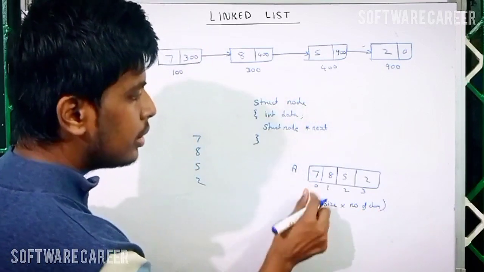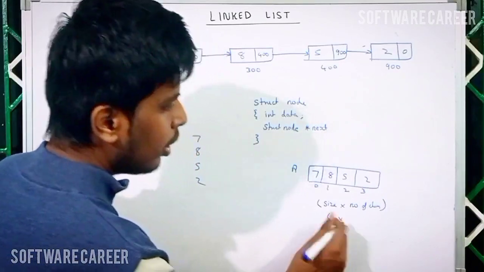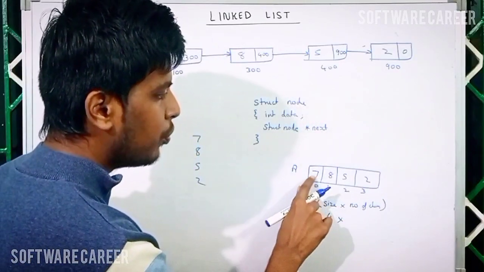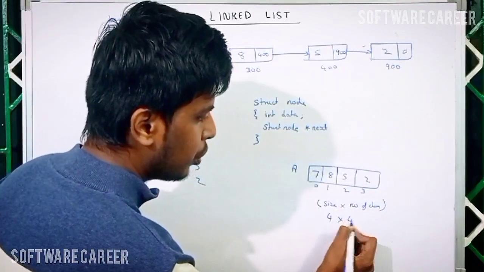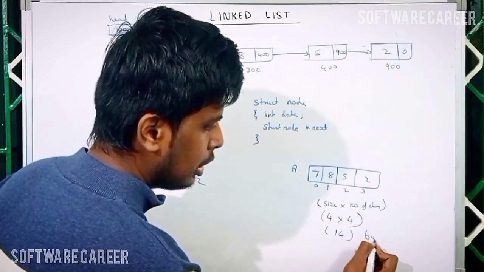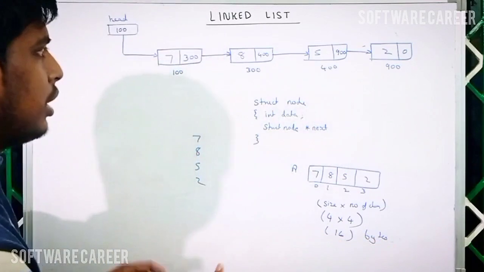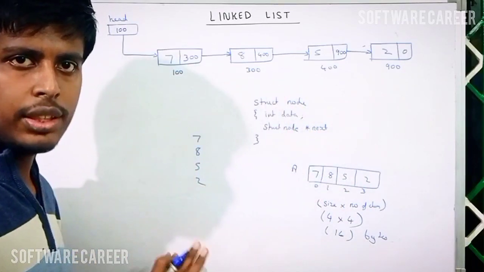The size of each integer is 4 bytes, and there are 4 elements, 7, 8, 5, 2. So 4 into 4 takes 16 bytes. Now see, the same elements are stored in the linked list also.